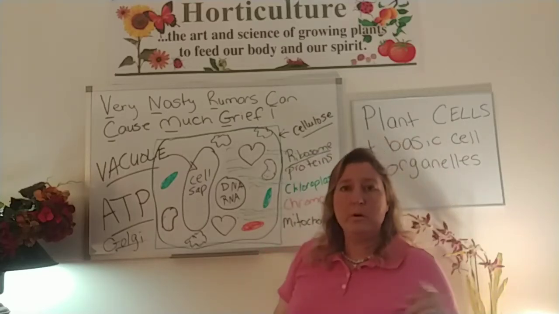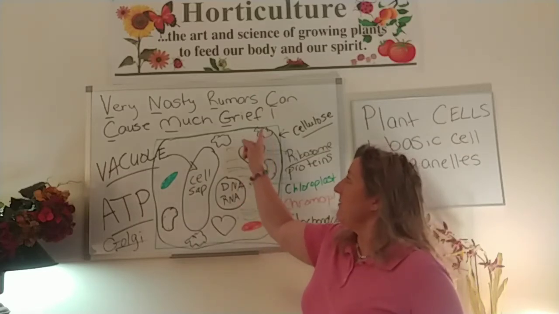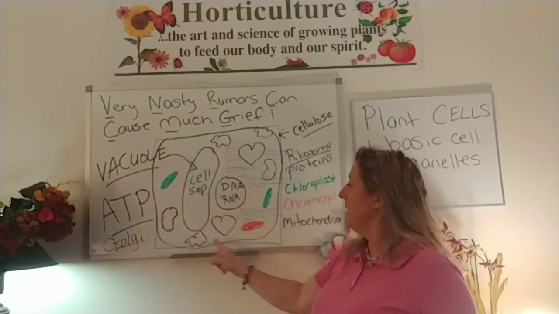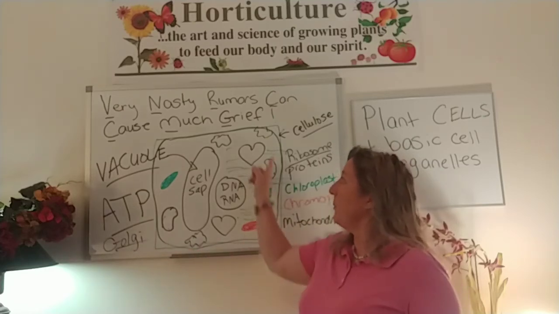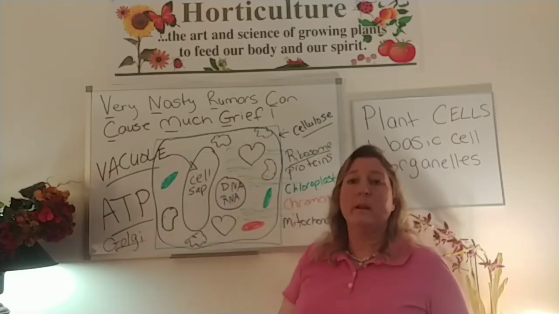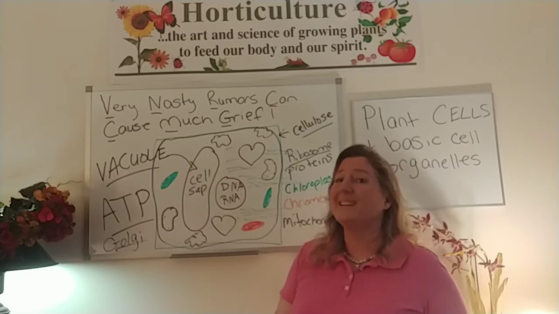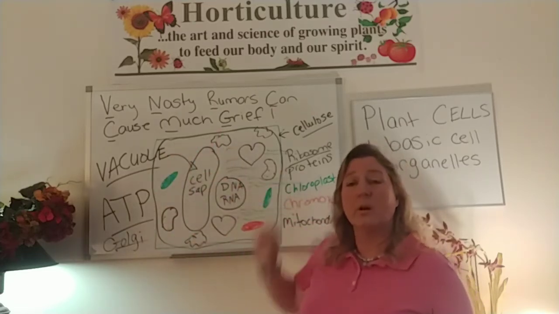So one more term for you that we won't use a lot, but you do need to know it. Everything within the cell membrane is called the protoplast. The protoplast, okay? So when the protoplast dies, which would actually include the membrane, what's going to be left? You're just going to be left with the cellulose cell wall, right?